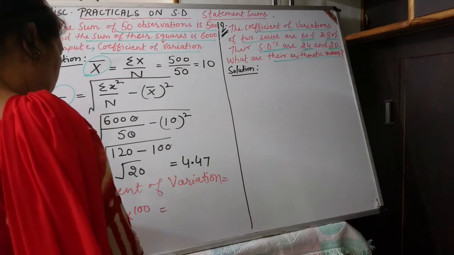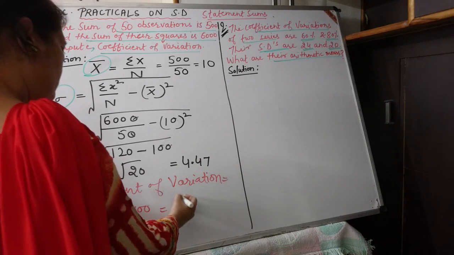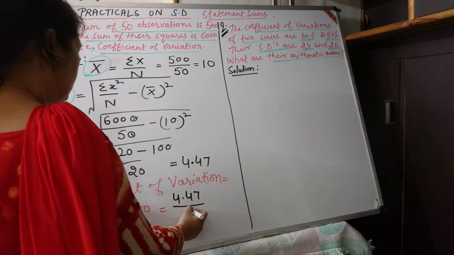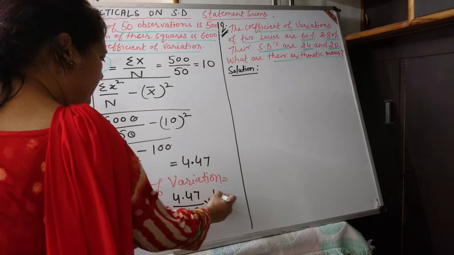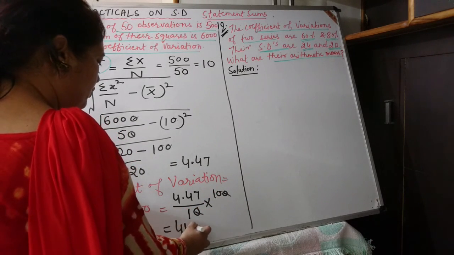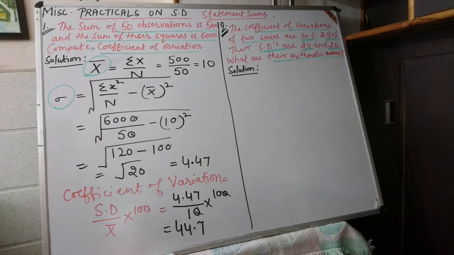The value of standard deviation is 4.47, divided by 10 and multiplied by 100, and the answer is 44.7.